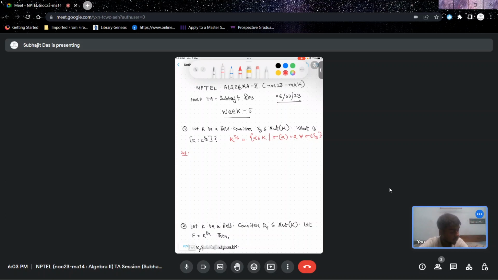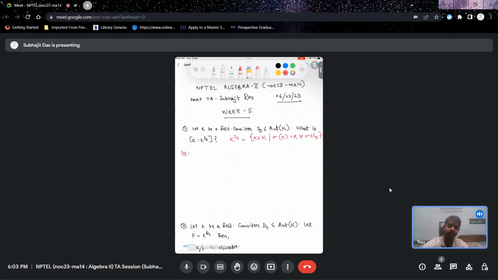Okay, so I have slightly abused the notation. Sigma of alpha only makes sense for sigma in S3 provided that S3 is strictly a subgroup of Aut K, but it could happen that S3 is a subgroup of Aut K up to an isomorphism. So I'm referring to that particular automorphism corresponding to sigma in S3.